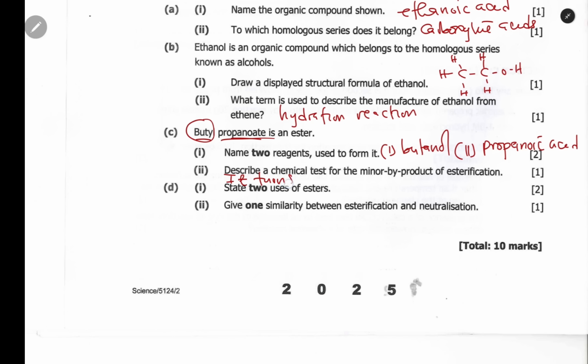It turns white anhydrous copper sulfate blue. The presence of water turns white anhydrous copper sulfate blue. So that is how you write this one.